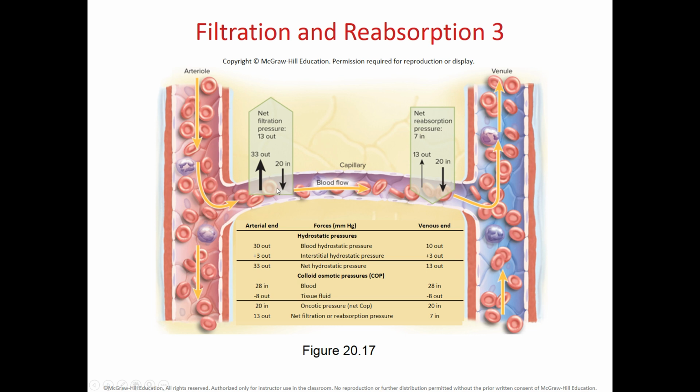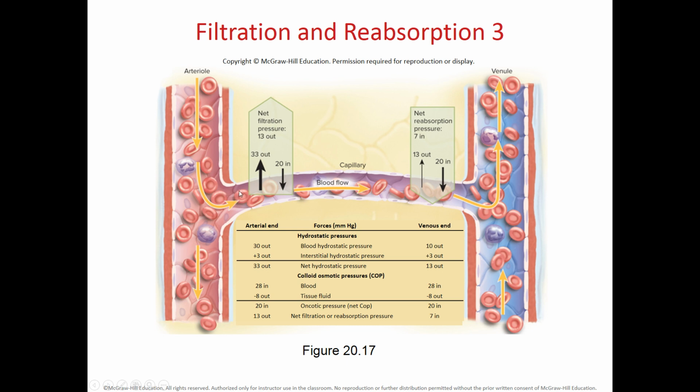And then the oncotic pressure or osmotic pressure will be 20. So 33 moves the fluid out, hydrostatic pressure, and 20 moves the fluid in, the osmotic pressure. So you have a gradient or a difference of 13. Because of that, you have more fluid moving out or filtrating than what you absorb.